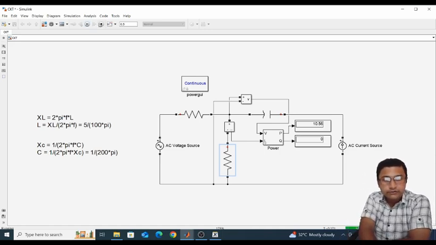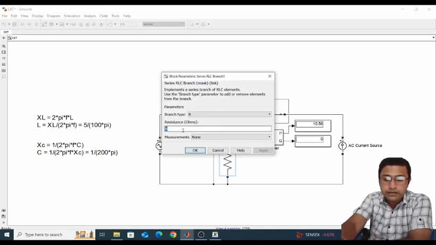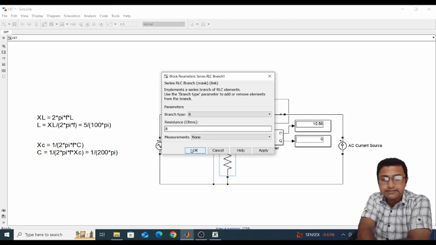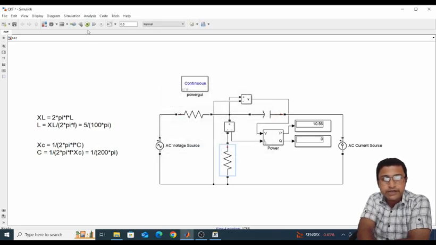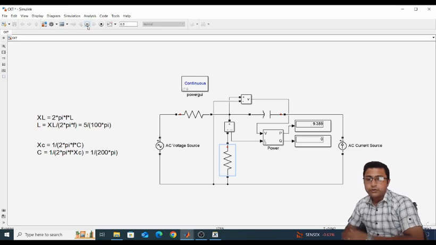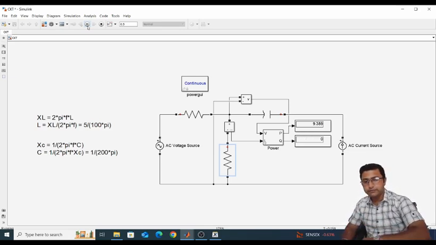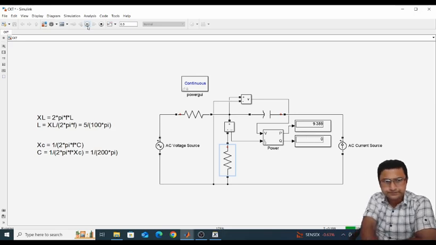Now if I change the value of the load, suppose I put 8 ohm, for example, and run the simulation, you will get P as 9.389. It is less than the maximum power 10.56.